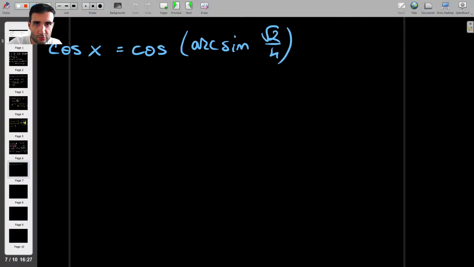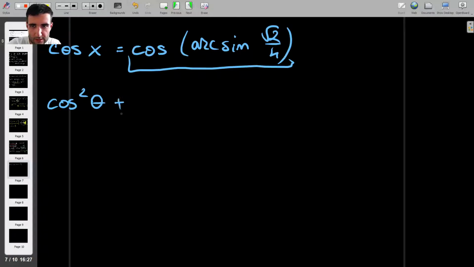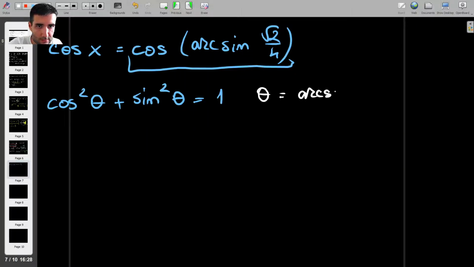Right. And for this, to find a closed form expression for the cosine of arcsine, we're going to use the fundamental theorem of trigonometry. In other words, we know that cosine squared of theta plus sine squared of theta is equal to 1. Okay? So let's replace theta with the arcsine of root 2 over 4.